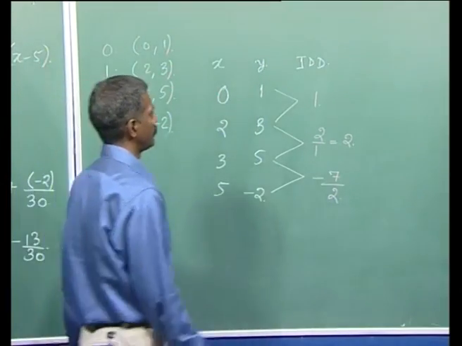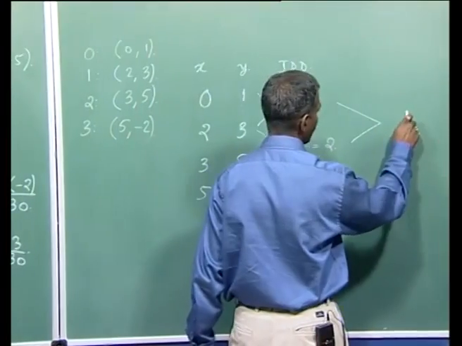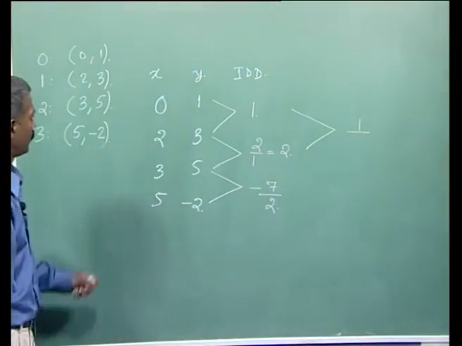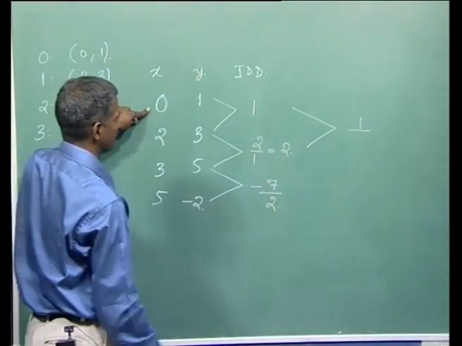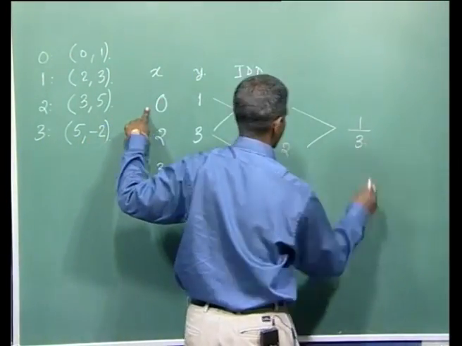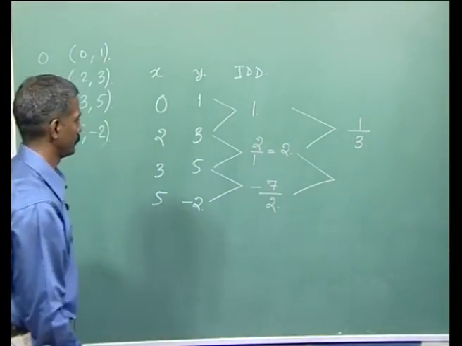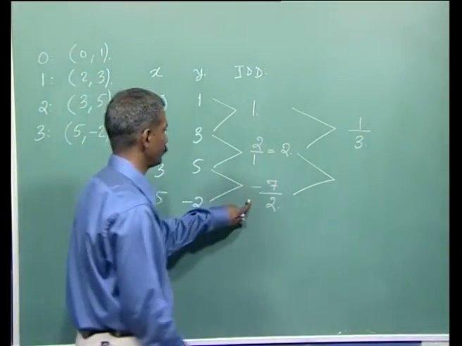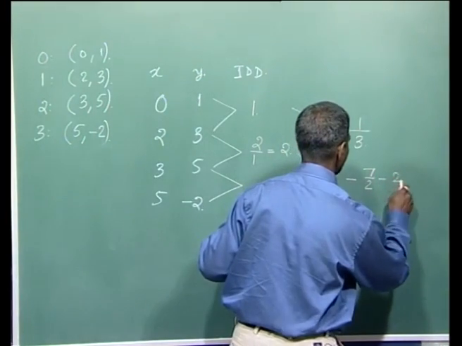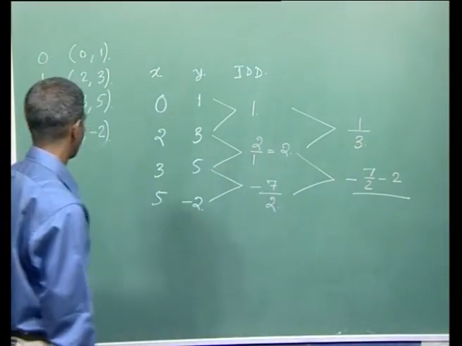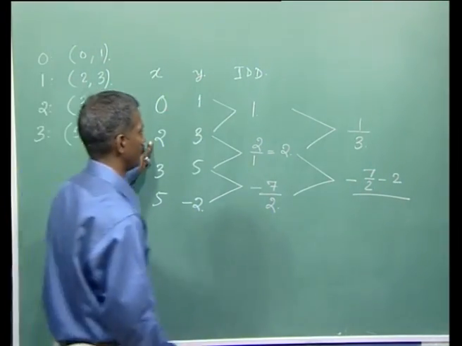Coming to the next one. 2 minus 1 is 1 over, now I'll have to enlarge the interval here, 3 minus 0, which is 3. Likewise, combining these two, minus 7 over 2 minus 2 over 5 minus 2, which is 3.